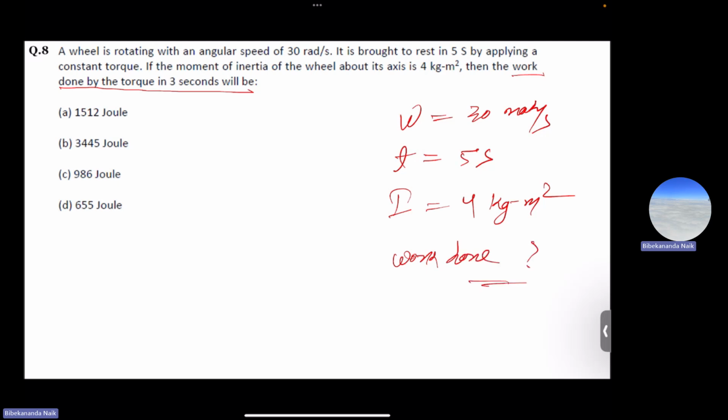So the options are option A 1512 joule, option B 3445 joule, option C 986 joule, and option D 655 joule. So these are the 4 options. I will give you a few minutes to solve this question, and then we will discuss what the correct answer is.